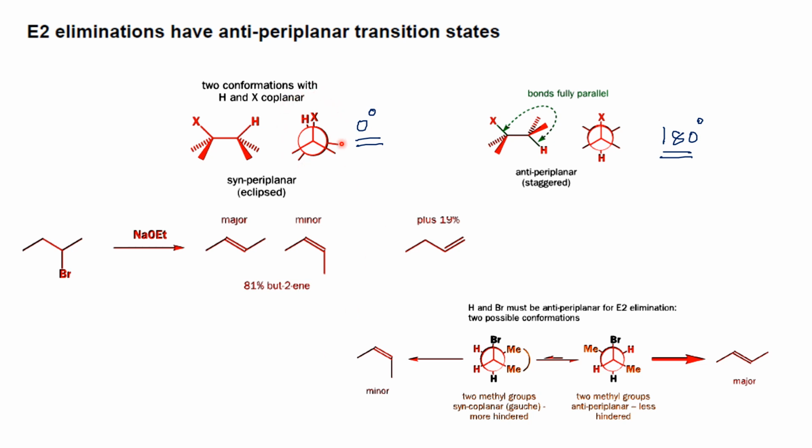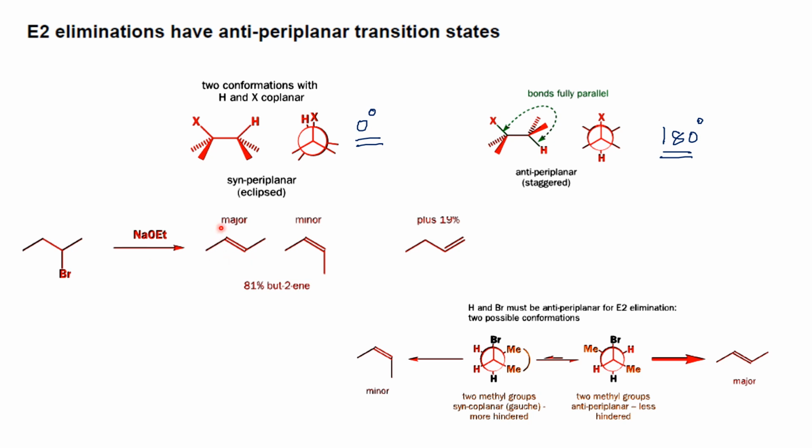So when you have the syn condition, actually the product will be formed, but that will be the minor product. But when you have the anti-periplanar conformation, that will lead to the formation of the major product, and that can be understood from this example. So this is a secondary alkyl halide, and NaOEt, that is EtO minus, is the base that you are using.